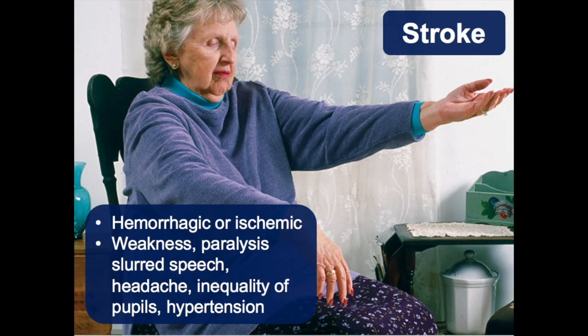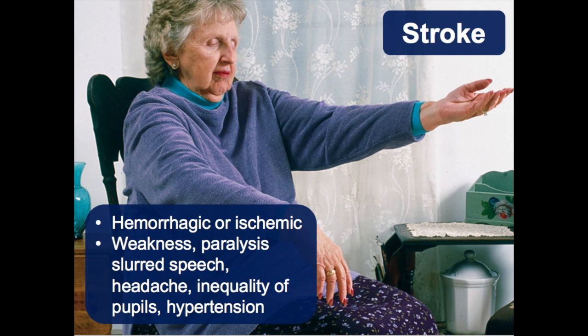Strokes in elderly patients. Always be on the lookout for neurological signs and symptoms, especially in elderly patients. And really be careful not to ignore minor neurological complaints, especially ones like, "I just feel dizzy, like the room is spinning." That can be a clue to a neurological issue.